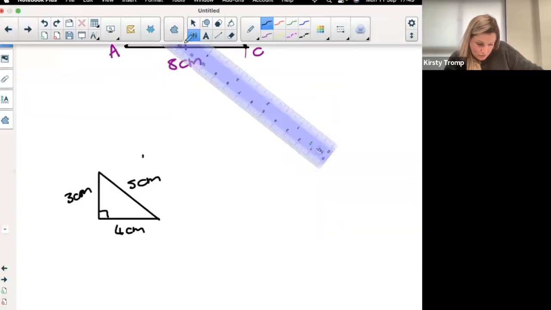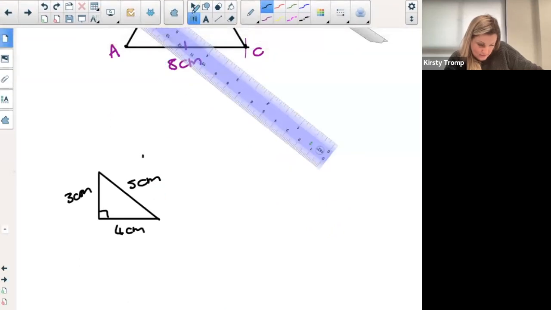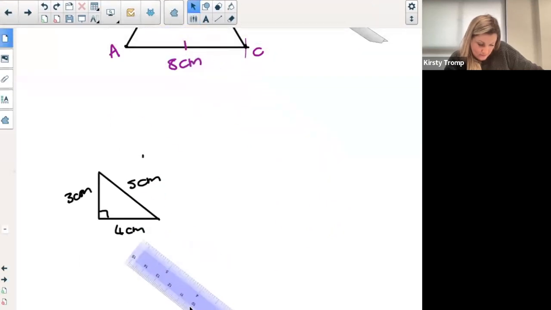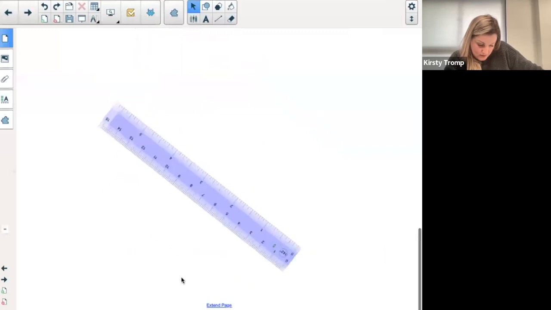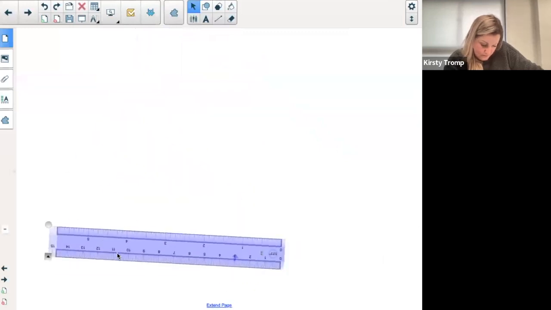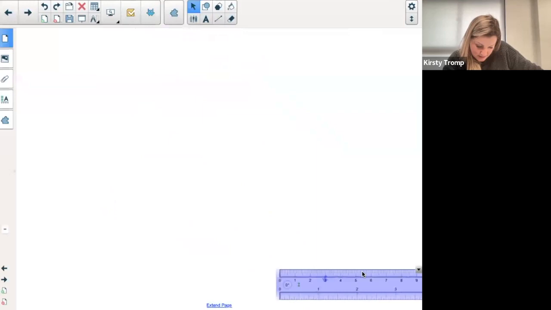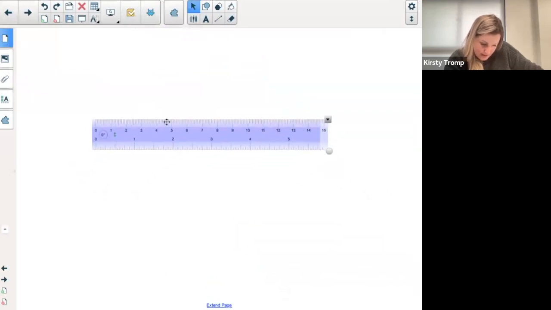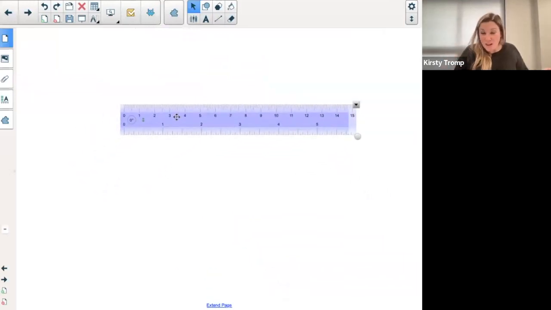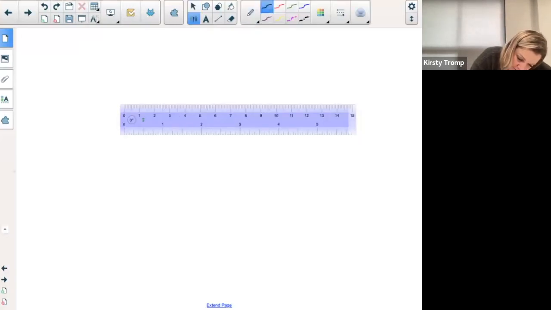Let's go bring this ruler down with us. Bring our ruler around like that. Okay, I would maybe start with the top one. That's probably the easiest thing to do. I don't know about you guys. Right, so my top needs to be 5 centimeters.